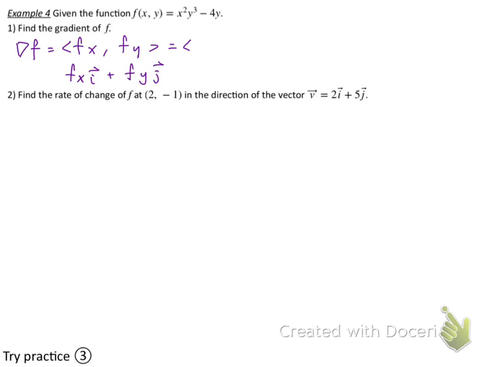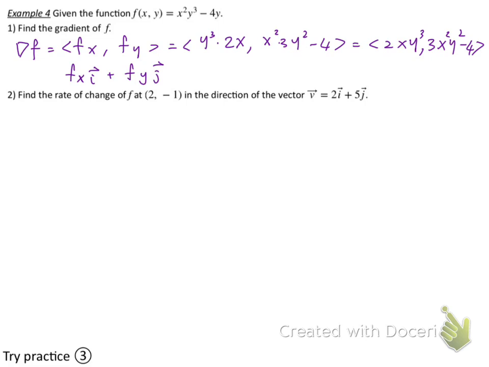For f partial x, I'm taking the derivative with respect to x, so y third is the coefficient times 2x, then minus 4y is constant, disappears after taking the derivative. For f partial y, x squared is the coefficient, and then I have 3y squared minus 4. So this gives me 2xy third, comma, 3x squared y squared minus 4. That's my gradient of f.